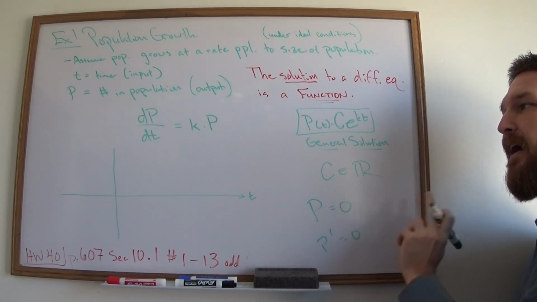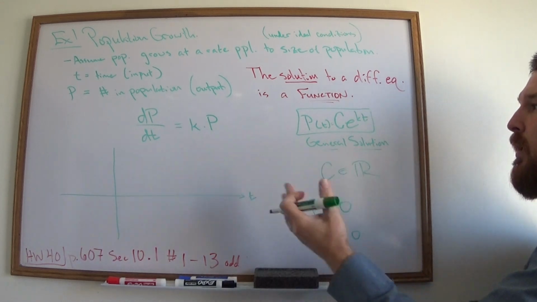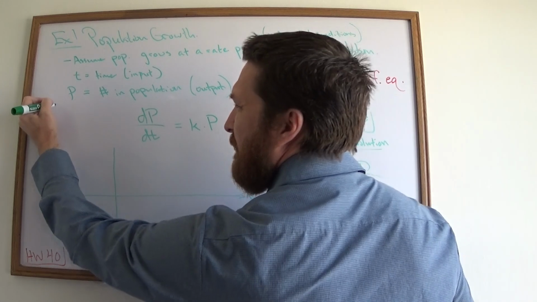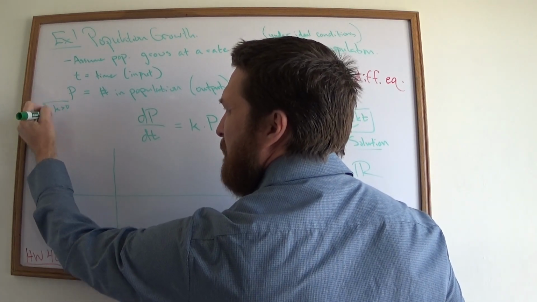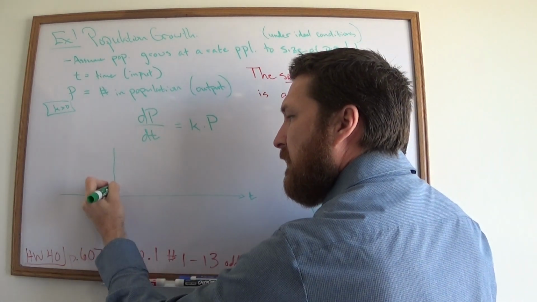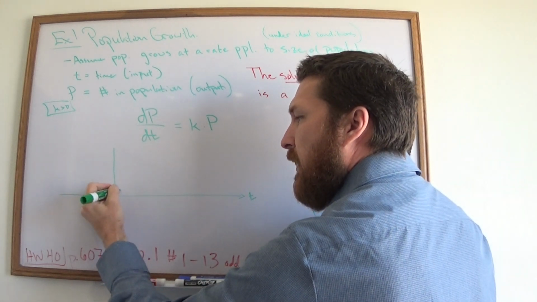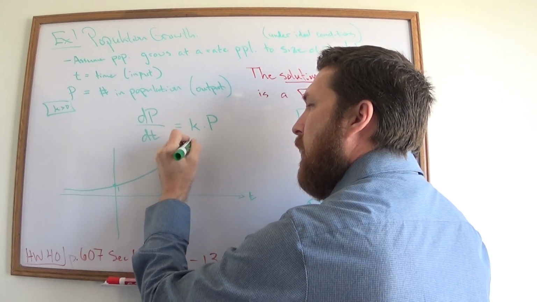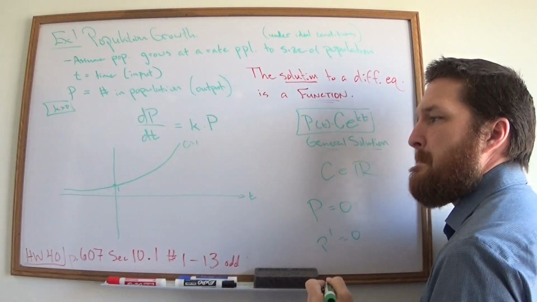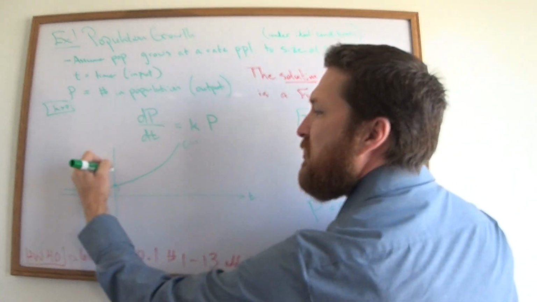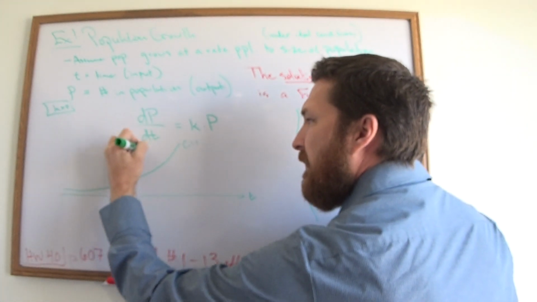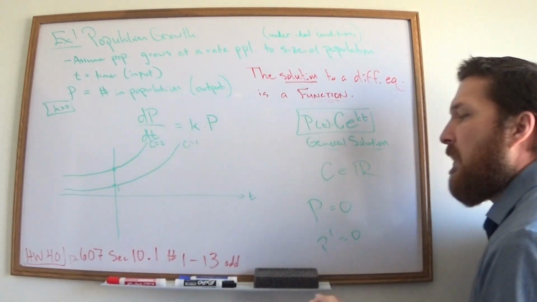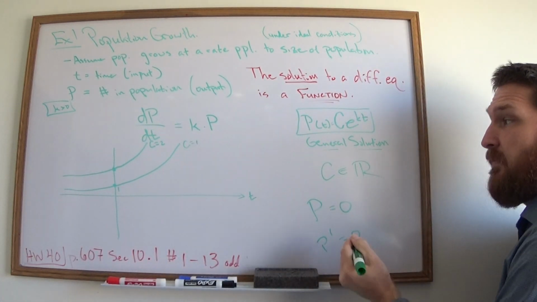Now, if c is any other number, let's just see. If c is 1, then you have e to the kt, and we've assumed that k is positive, right? In which case, if c is 1, it goes through here at 1, and it comes up like that. That's one solution. Another one would be, let's say, c is 2, and you'd have this one right here. Now maybe c is equal to negative 1.